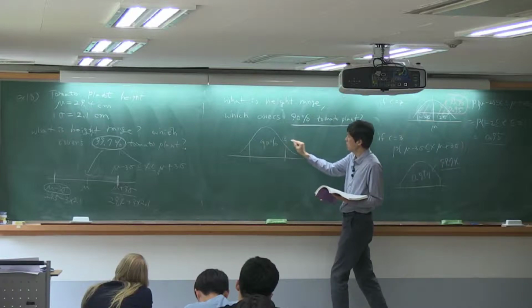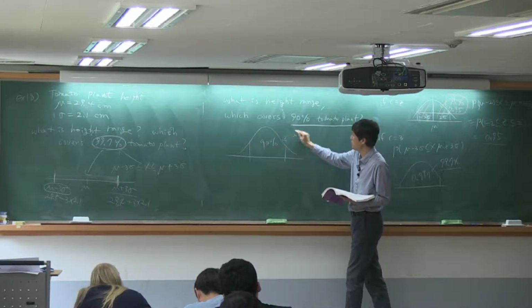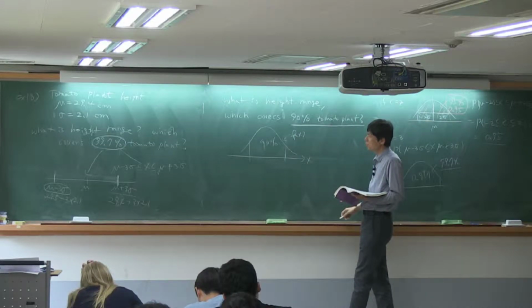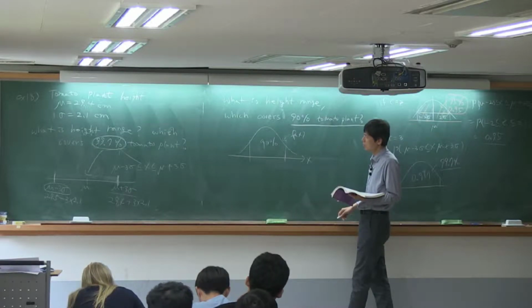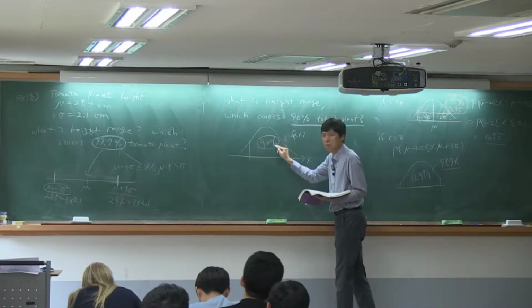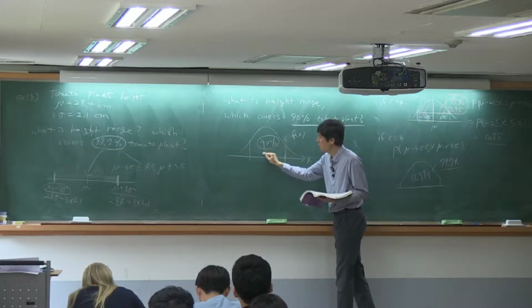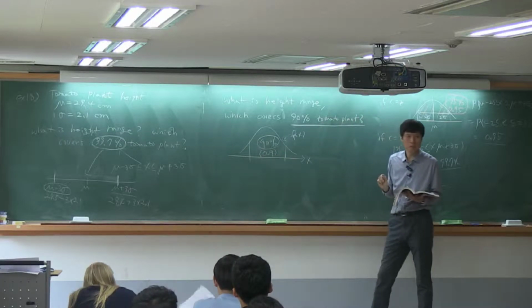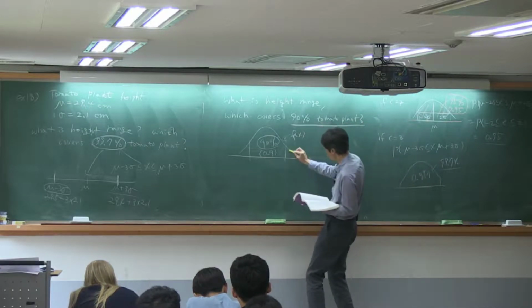This is x, the PDF of x. 90% means the probability is 0.9. Then the remaining area, this area and this area.